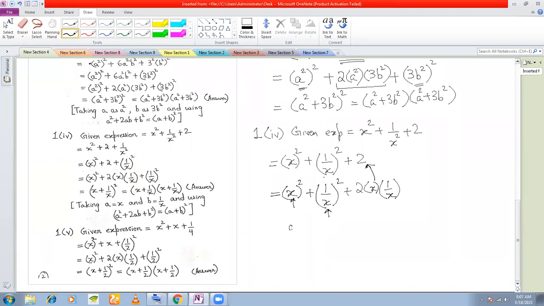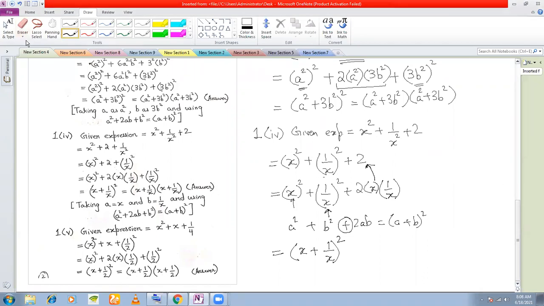That means this is our a squared term, this is our b squared term, and this is our 2ab term, which is equal to a plus b whole square. So therefore in the next step we can write this as a plus b whole square. Why a plus b? Because there is a plus 2ab here. If it was a minus 2ab, then we would have written a minus b whole square.